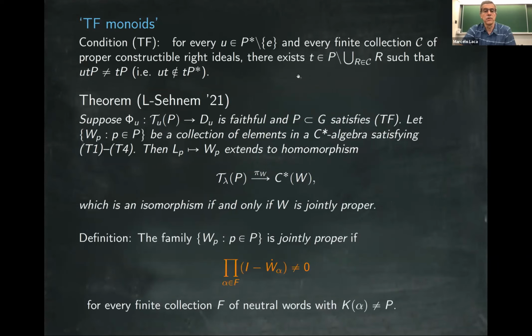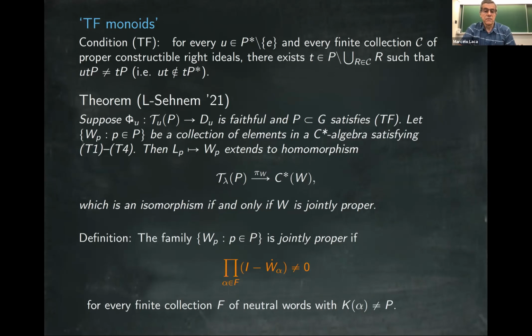So a monoid is TF if every time you have a unit that is not the identity, and you have a collection of proper constructible right ideals, there is something that is not in their union that is moved away from itself by the unit. So the units act on the cones: UTP is sent somewhere else that is not equal to TP. It could intersect TP, but it has to be a different cone.